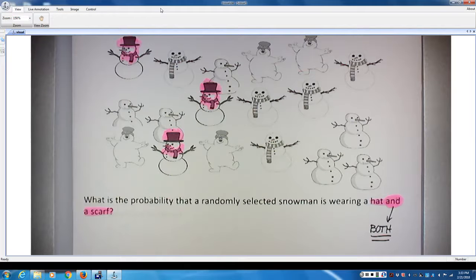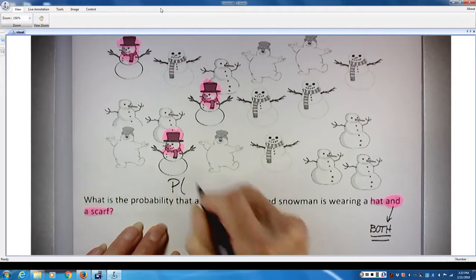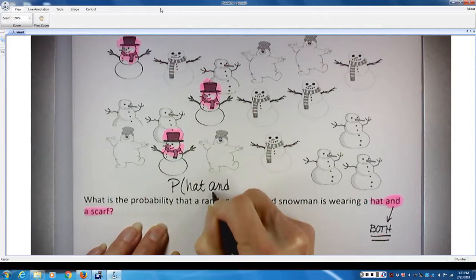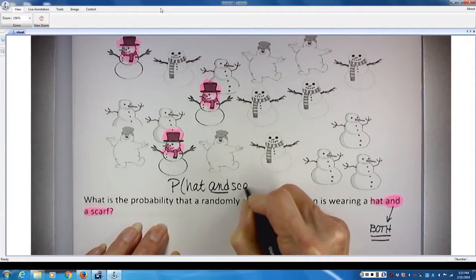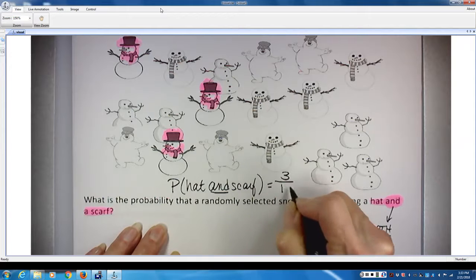Do any of the others have hats and scarves? No. So that probability is P, hat and scarf. There are 3 snowmen like that out of 18.